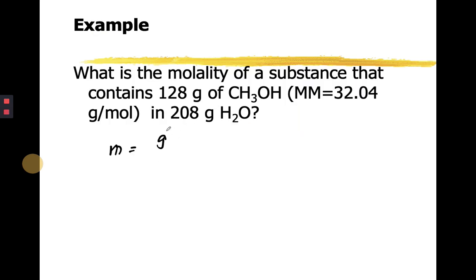So in this example here, we are given the problem: what is the molality of a substance that contains 128 grams of methanol? So this is methanol with a molar mass of 32.04 grams in 128 grams of water.